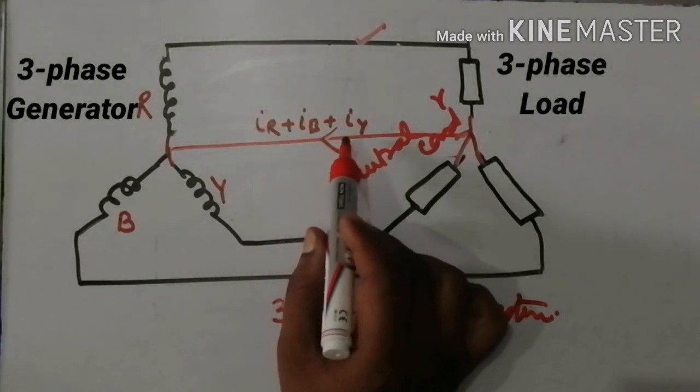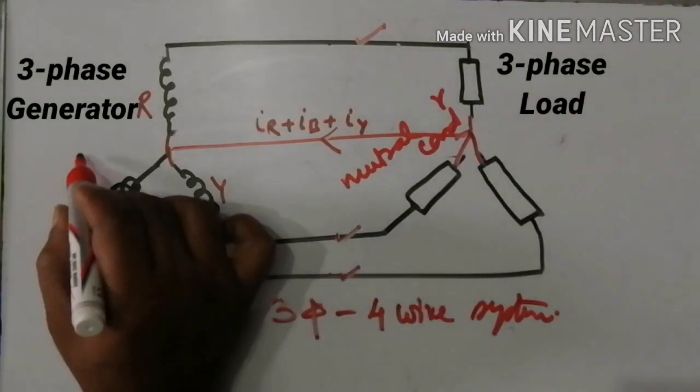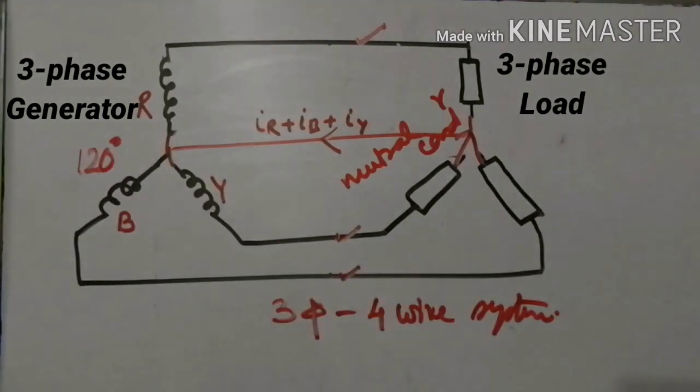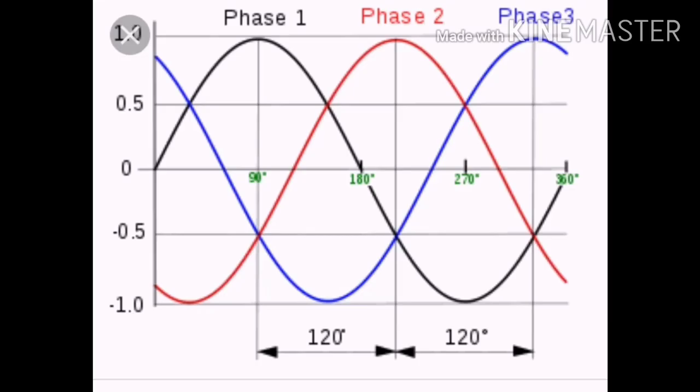These 3 currents are 120 degrees electrically apart. These are the waveforms for IR, IB and IY. These currents are 120 degrees electrically apart, or you can say out of phase at an angle of 120 degrees each.